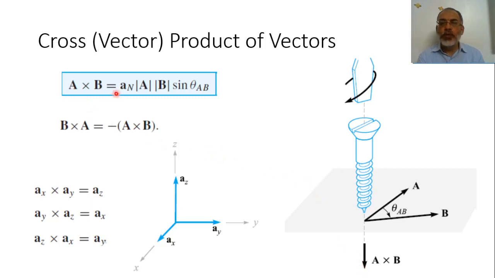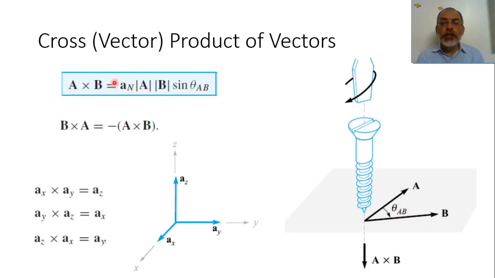So the cross product is a vector quantity normal to both A and B, and its magnitude is the modulus of A multiplied by the modulus of B multiplied by the sine of the angle between A and B, so sine theta AB.